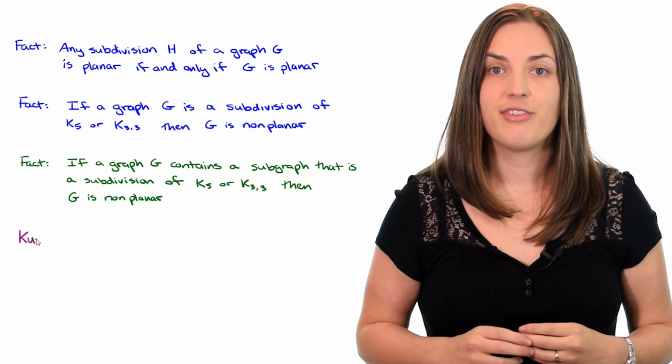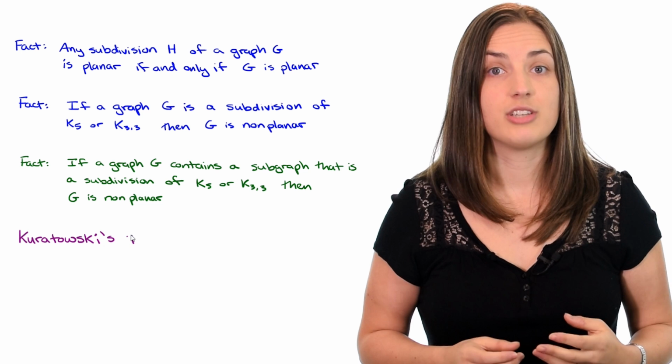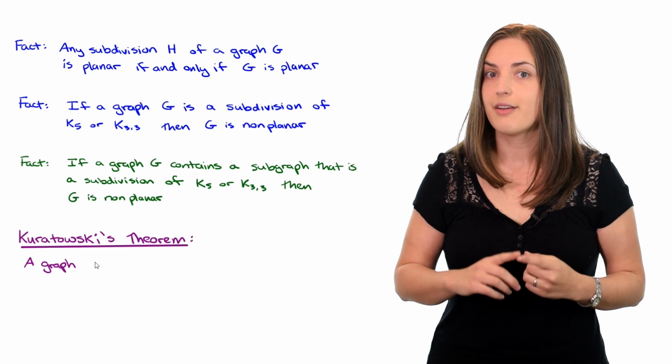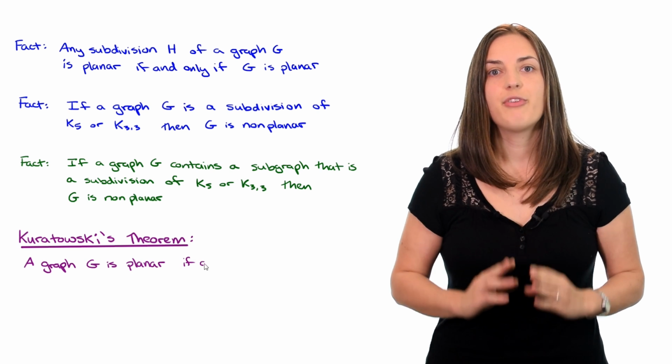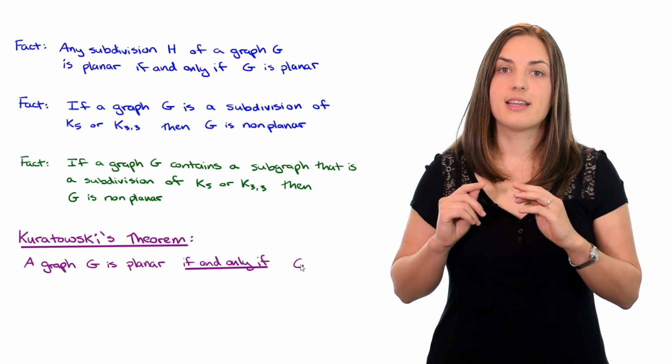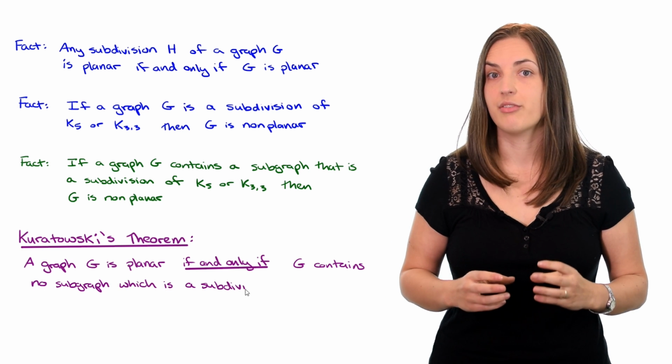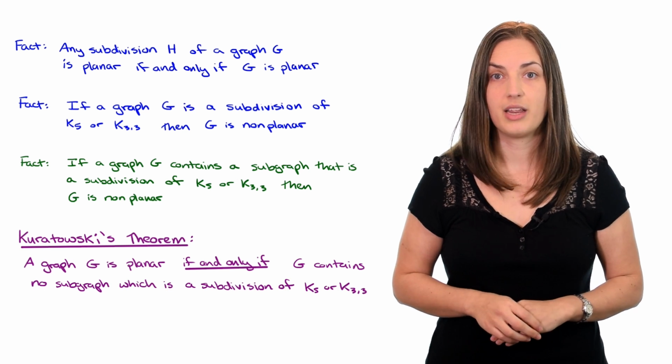And that amazing fact is what's known as Kuratowski's theorem. Kuratowski's theorem tells us that a graph G is planar if and only if it contains no subgraph which is a subdivision of either K5 or K3,3.